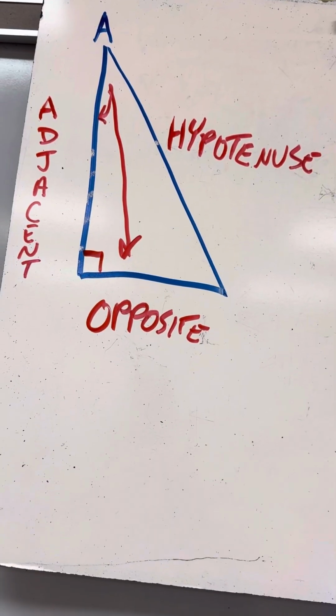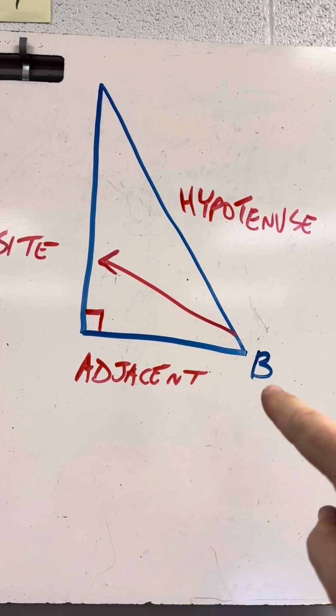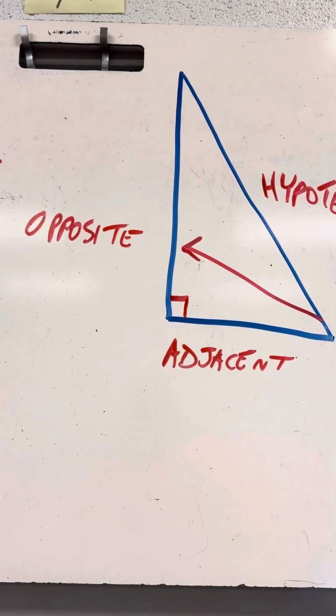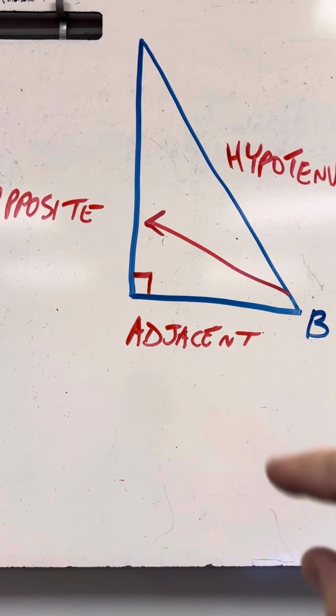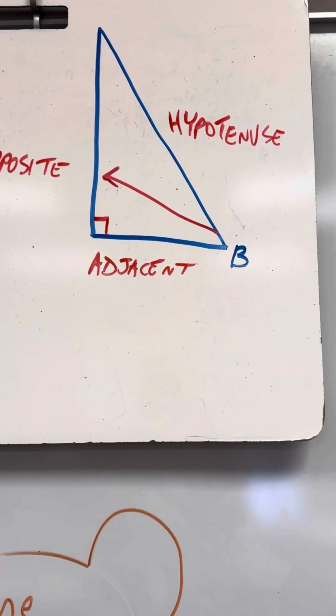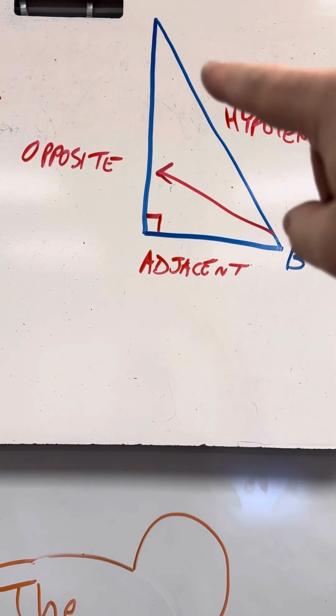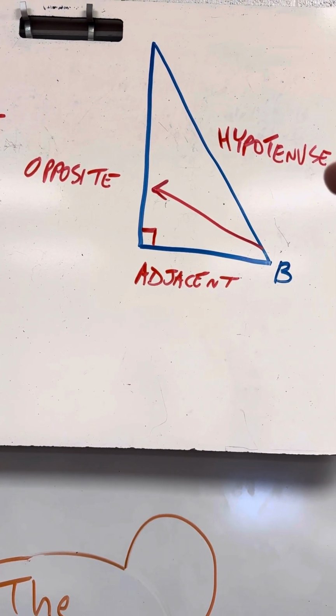If I'm talking about angle B, then this is the opposite, this is the adjacent, and that's the hypotenuse.